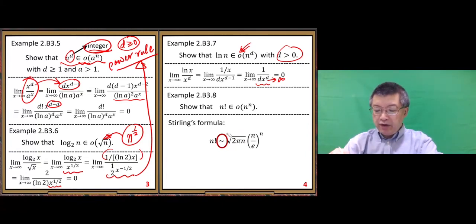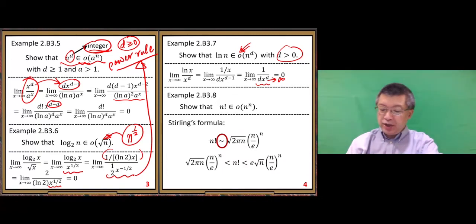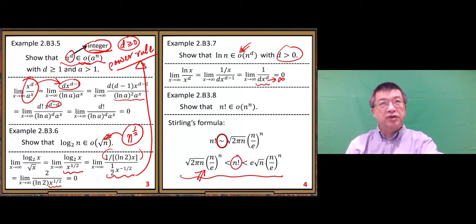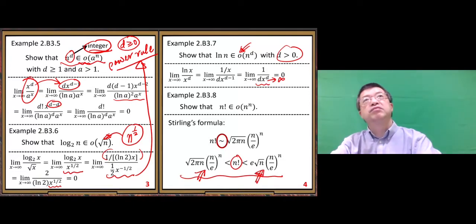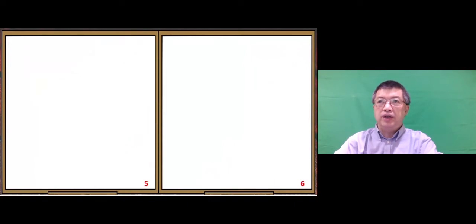So we need another version of Stirling's formula, that is this inequality version. For n factorial, we have a lower bound approximation expression and an upper bound approximation expression. Then this new expression is much easier to use. All right, so let's do the work here.